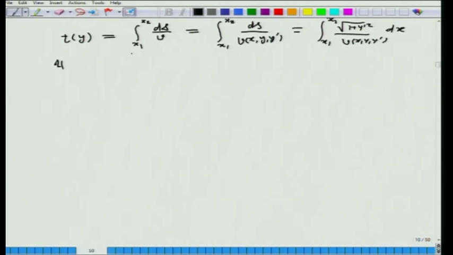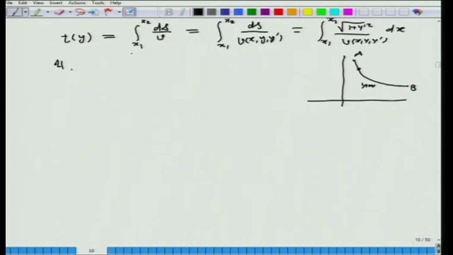So, that is the general form of the functional, which gives you the time along a given curve here. So, you have these 2 points A and B, and a particle is moving along this curve y of x, and here v is the velocity, which is a function of these 3 variables in general.